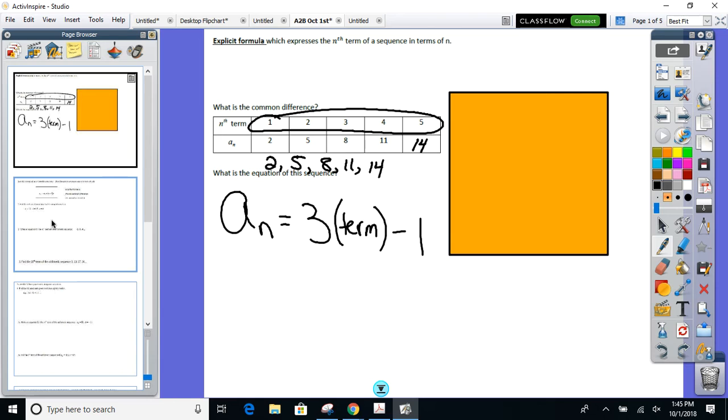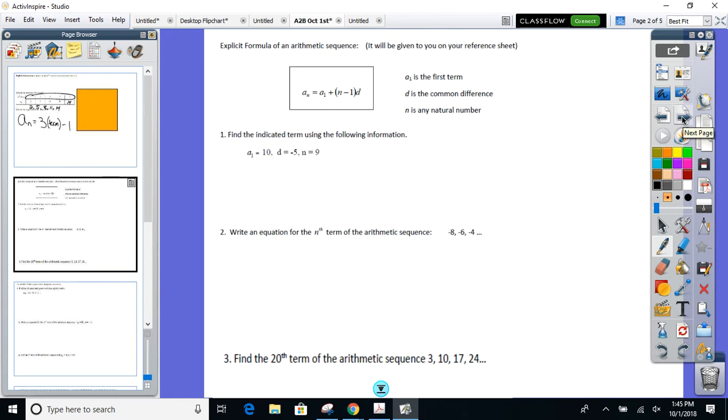So in a sequence, if you add the same number every time, we're going to have a name for it. It's called arithmetic. Arithmetic sequence, when you add the same number every time. That's called an arithmetic sequence.